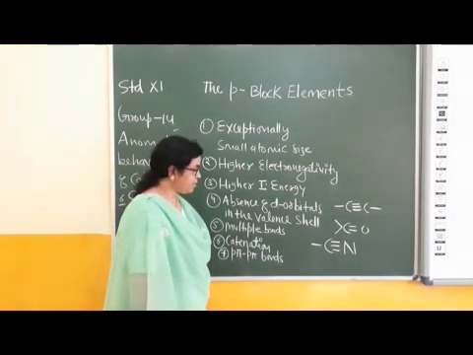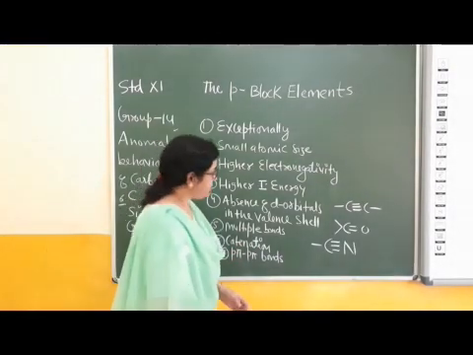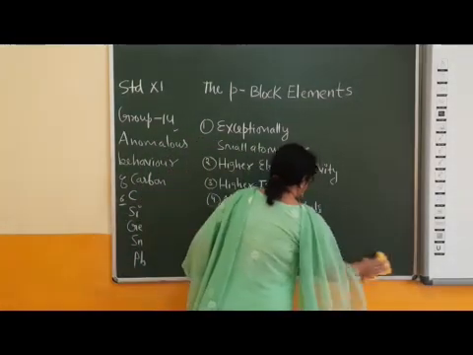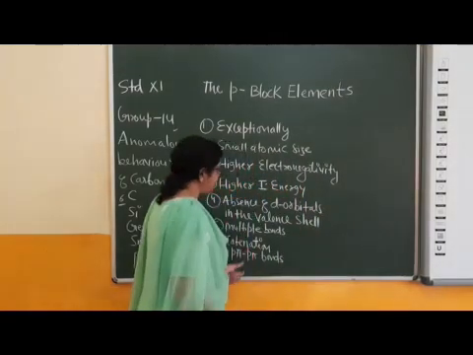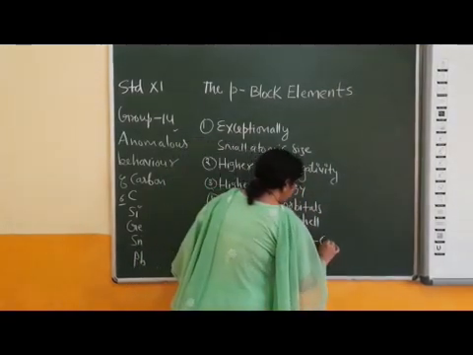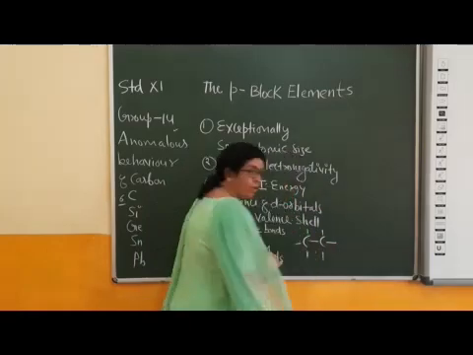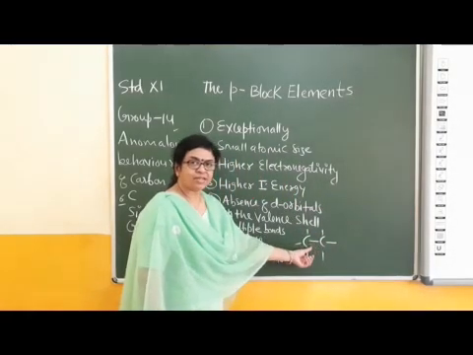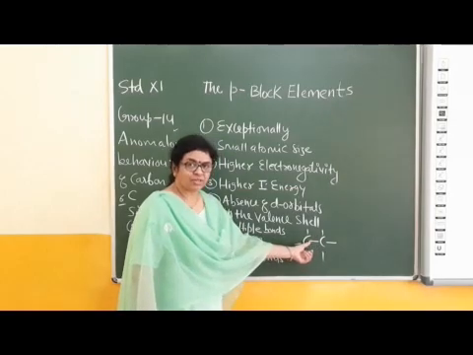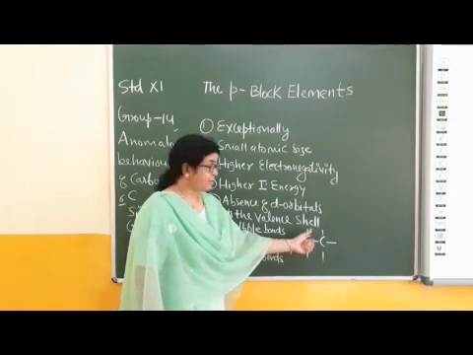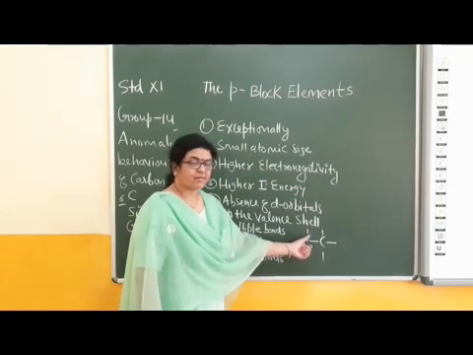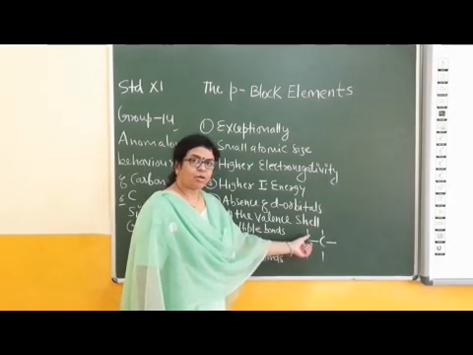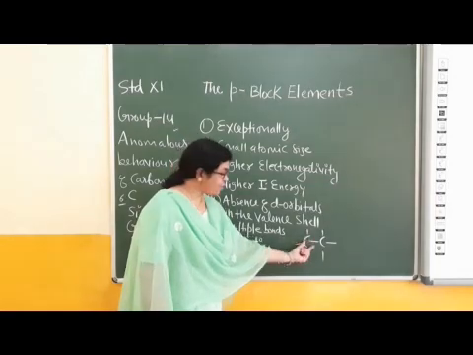Catenation. Catenation means the self-linking property of carbon: bonding of carbon with other carbon atoms in saturated hydrocarbons, unsaturated hydrocarbons, cyclic, acyclic, or branched organic compounds. This is a common trend.